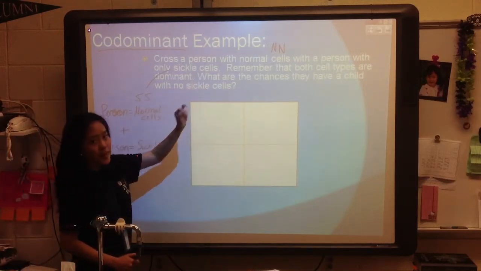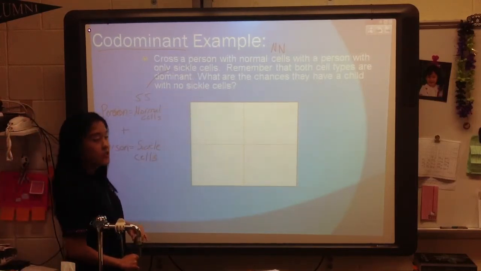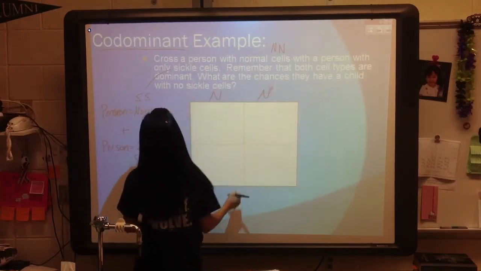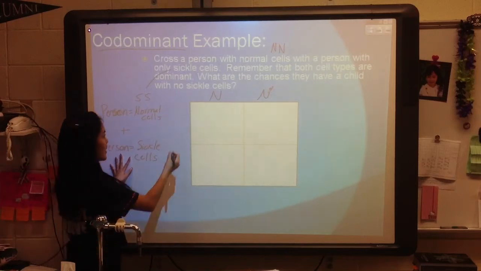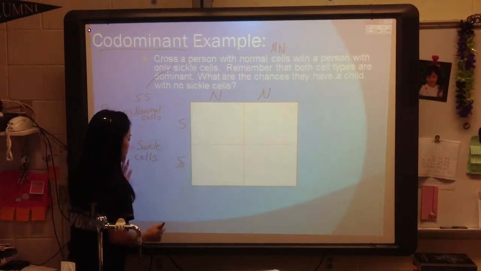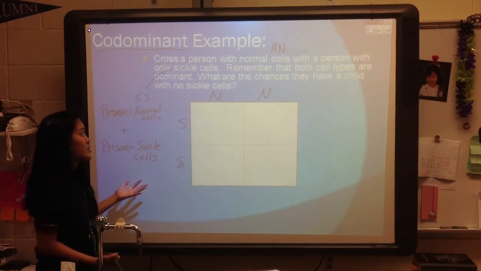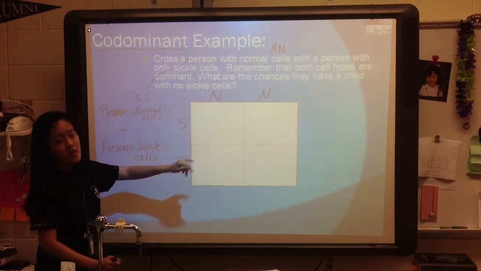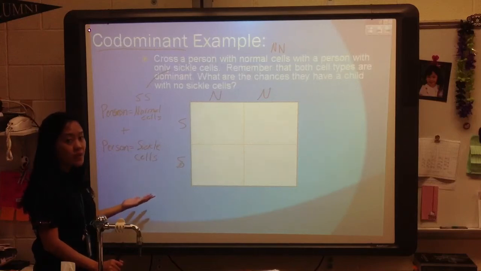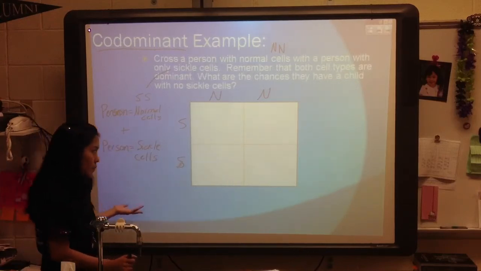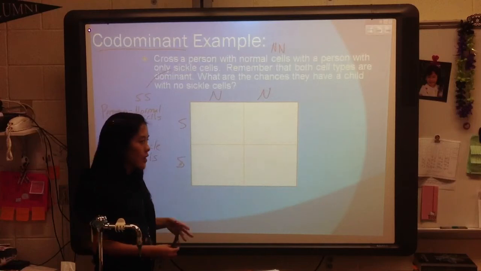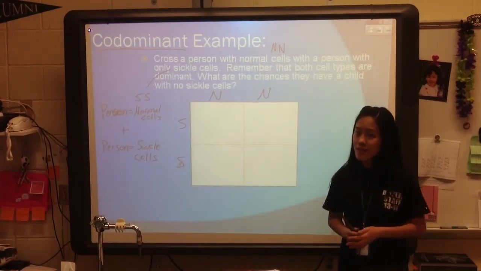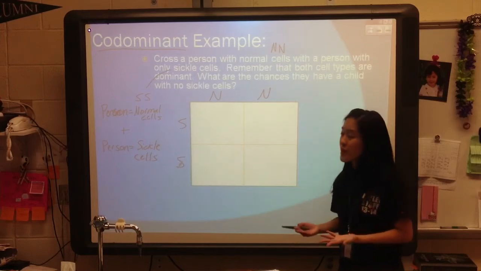And so let's plug in those two genotypes. We'll do the normal person first, N, and the sickle cell person second, S. It really doesn't matter if you write an S first or an N first, because they're both dominant, so they're both going to show up. But usually, just to keep everything organized, we go with whatever's first in the alphabet, so that when we're checking our papers, it'll make it a lot easier.